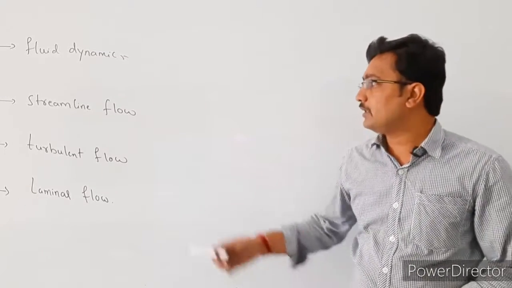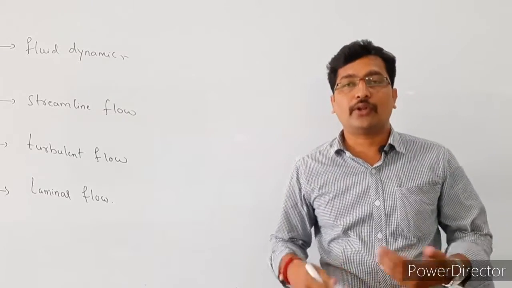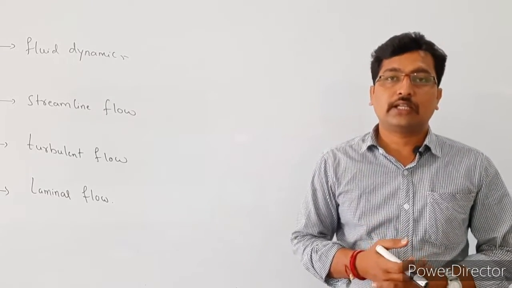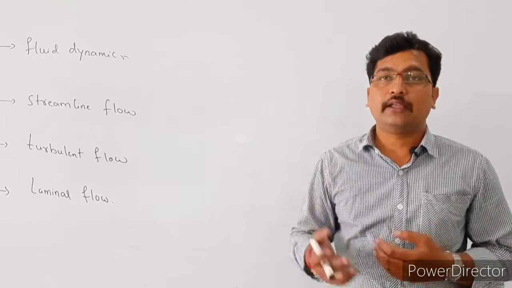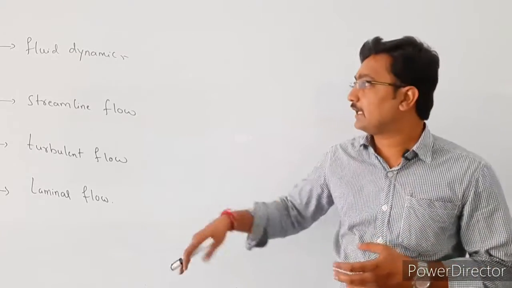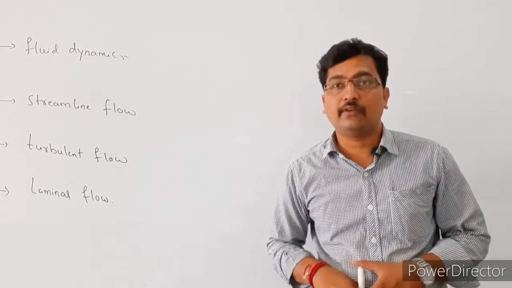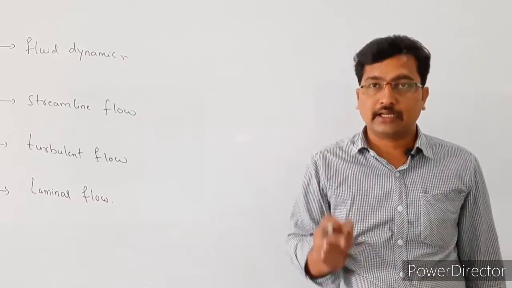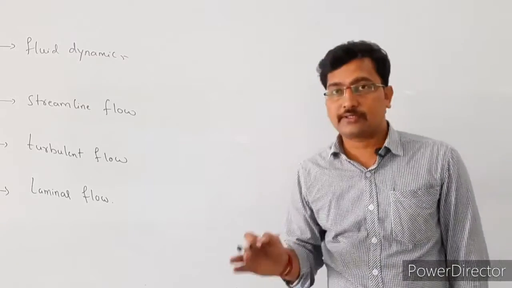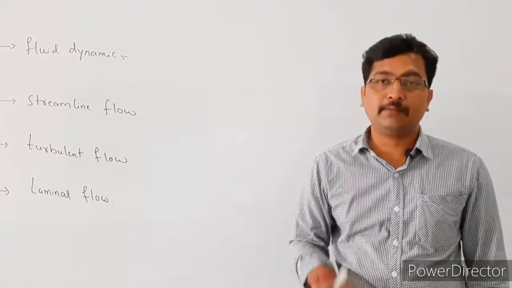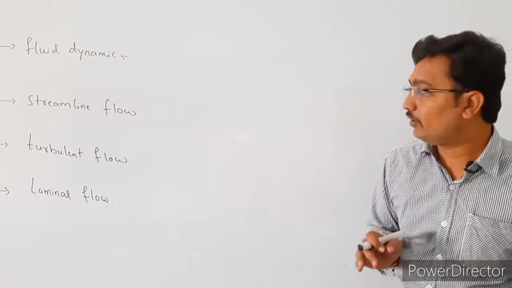The second one is turbulent flow. What do you mean by turbulent flow? Turbulent flow means irregular flow of fluid. It is exactly opposite to streamline flow. In streamline flow, there is a regular flow of fluid and the velocity of the particle at any point is the same.